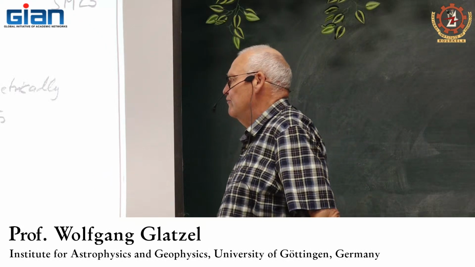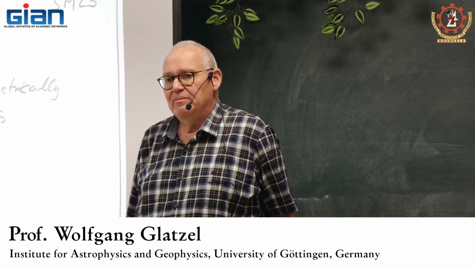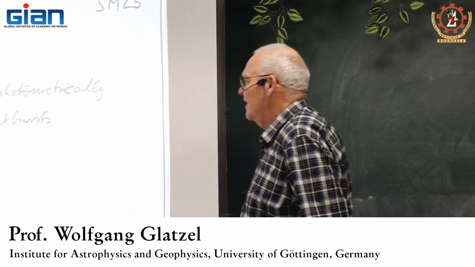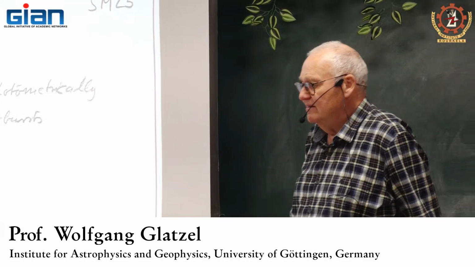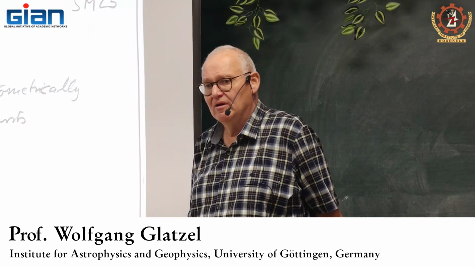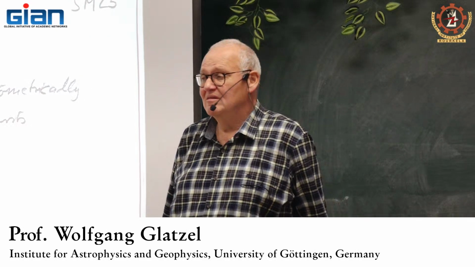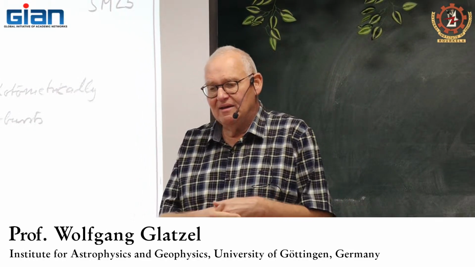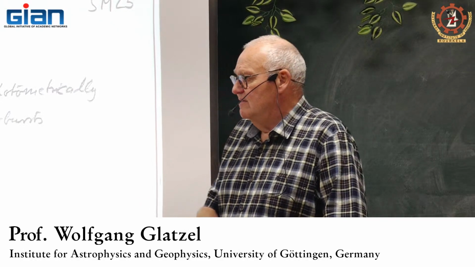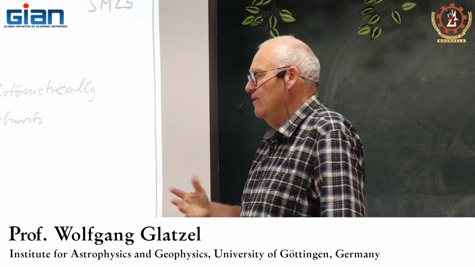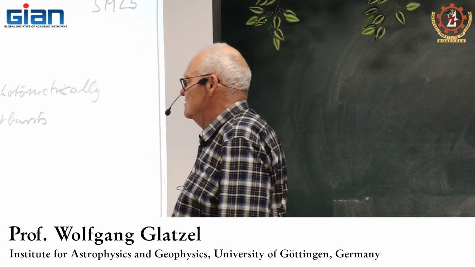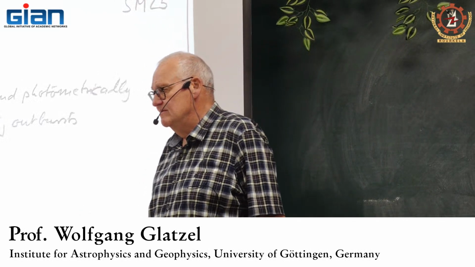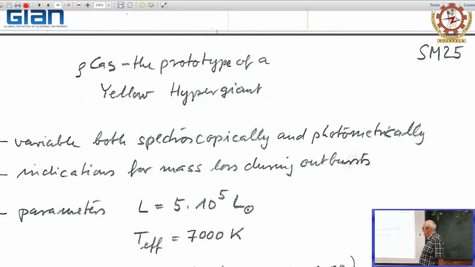Well, these stars are found to be variable both spectroscopically and photometrically, and they show indications for mass loss in the past centuries. So they have some remaining gas and dust around them. And this remaining gas and dust indicates that they have undergone phases of mass loss in the previous, say, 100 or several hundred years.